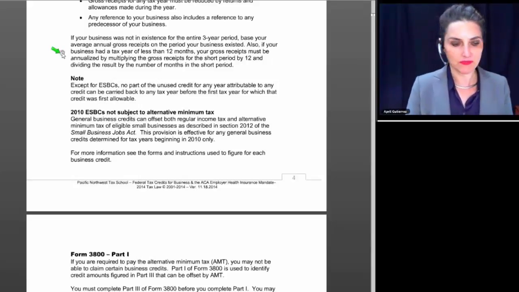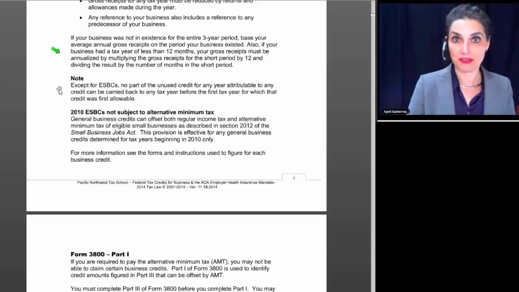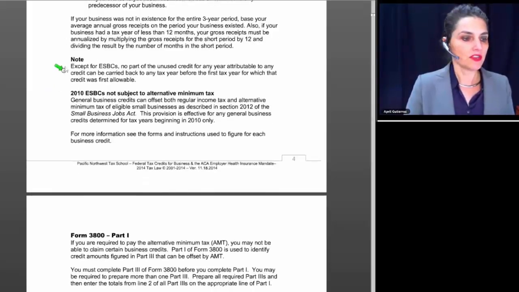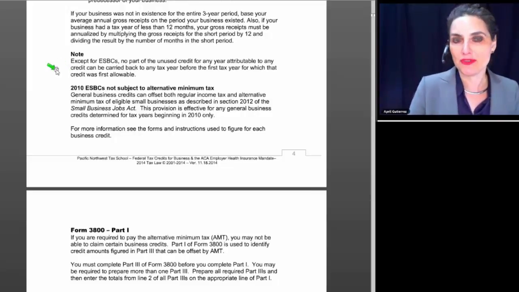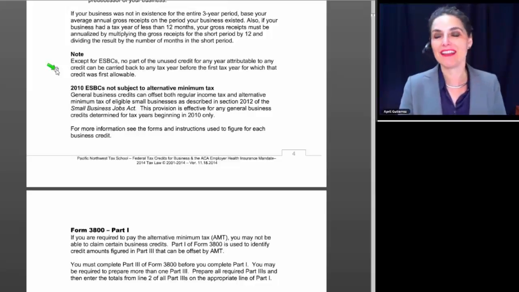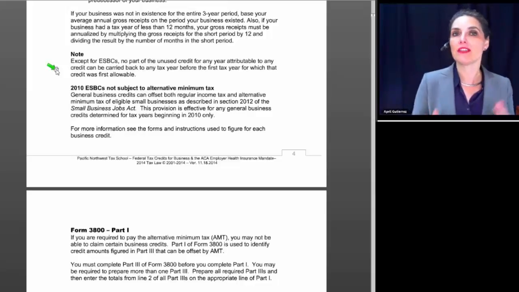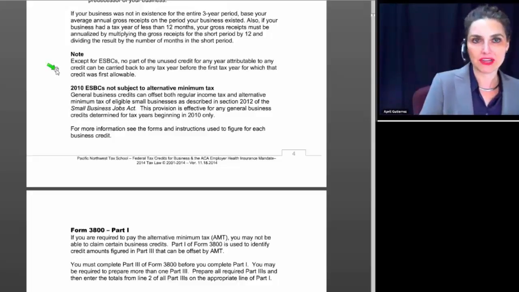And so ultimately, figuring out what you would have averaged for a year if you'd been in business for a year. You should note that except for eligible small business credits, no part of the unused credit for any year attributable to any credit can be carried back to any tax year before the first tax year for which that credit applied. So what it's essentially saying is that only eligible small business credits were allowed a 5-year carryback.